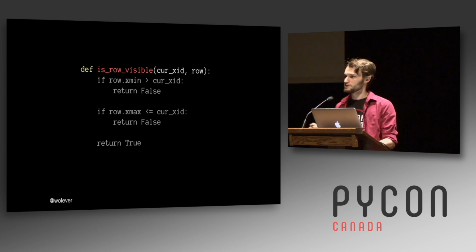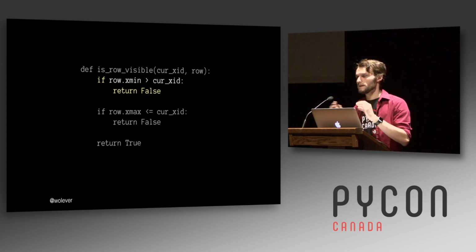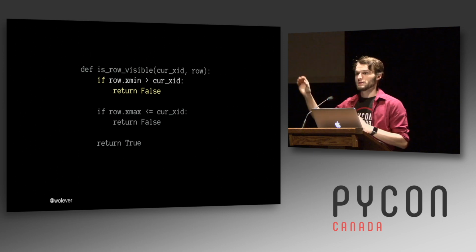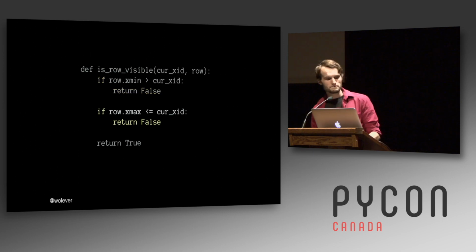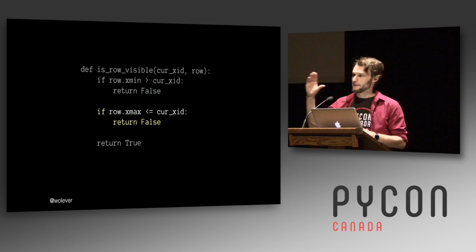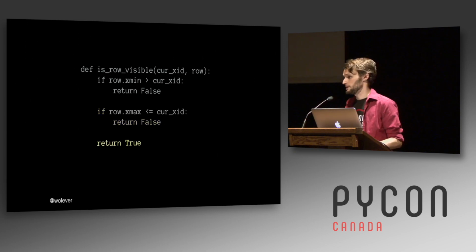To check to see if a row is visible to the current transaction, we're going to first check to see if the xmin, so that is the transaction that created the row, is greater than the current transaction. If that's the case, that transaction is in the future, the row is invisible. Second, we're going to check the row's xmax, so that is the transaction that deleted the row. If it was the current transaction or one in the past, that row has been deleted and it's invisible. And otherwise, it is visible.